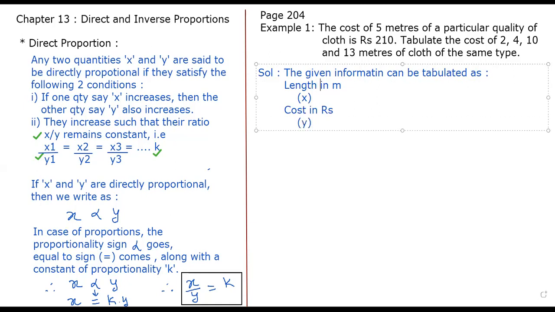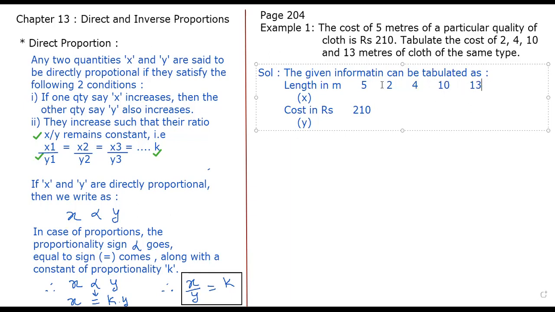Correct? Now let us write what they have given. Length was 5 meters, cost was 210. Yes or no? Yes, sir. Further, what are they asking? Prepare a table for the cost of 2 meters, the cost of 4 meters, the cost of 10 meters and the cost of 13 meters.